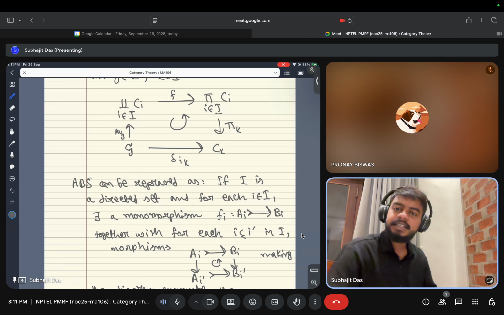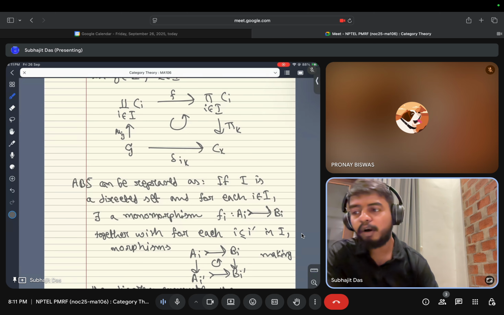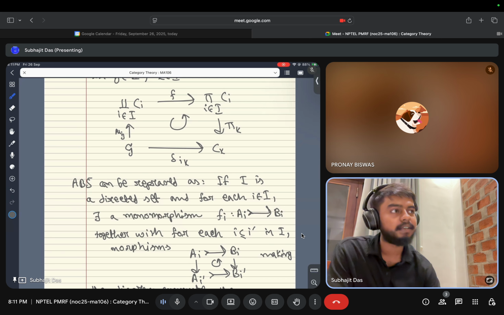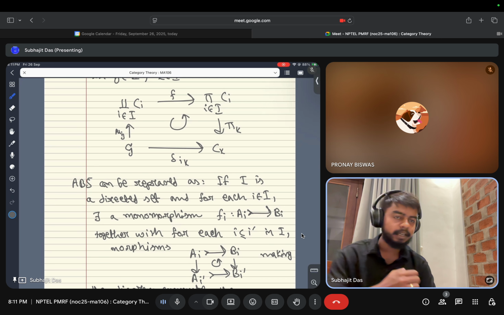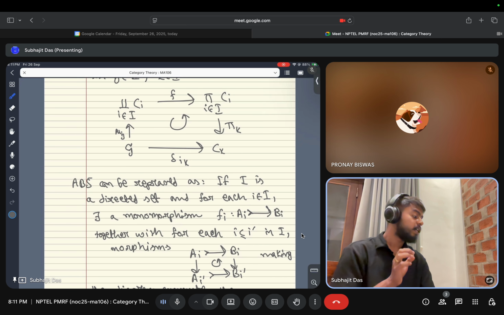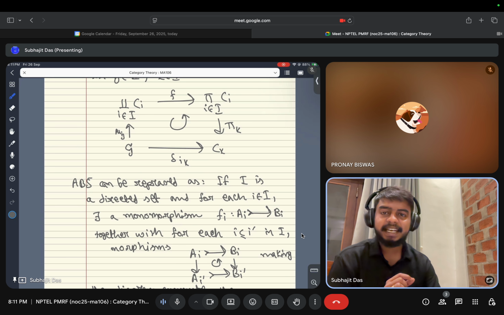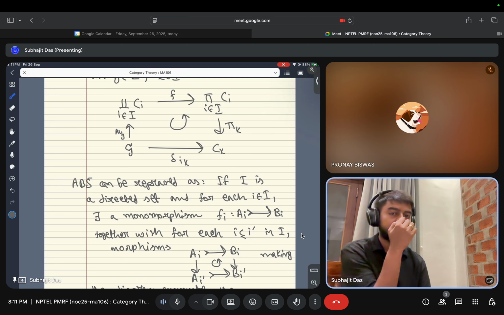So here I is just a set, C_i is just a family of objects indexed by the set I. We don't actually have a directed family. But this is the trick that I am talking about. We want to use some trick so as to bring direct limits into the picture. What exactly can we do here?